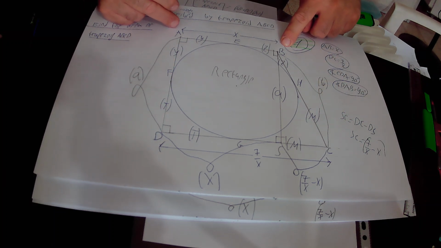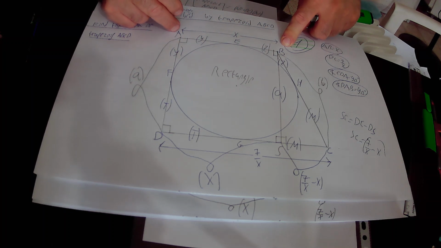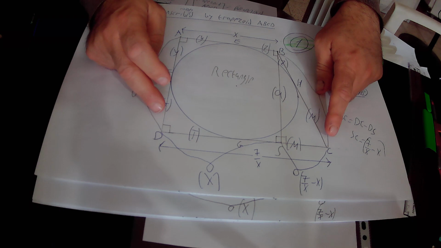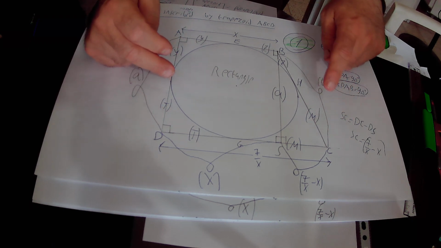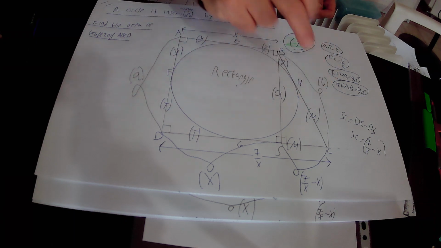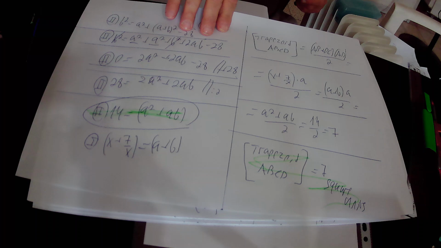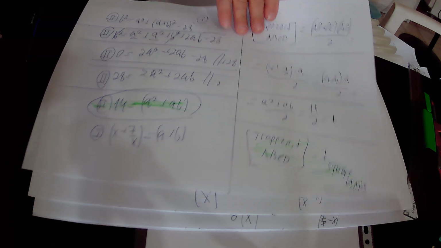So we know that in trapezoid ABCD, side AB is parallel to side DC. Therefore, the two bases are AB and DC because they are parallel to each other. So the sum of the two bases is AB plus DC, times the height to the base.